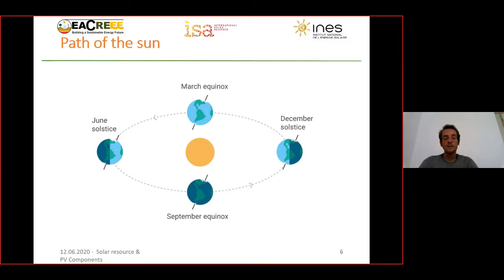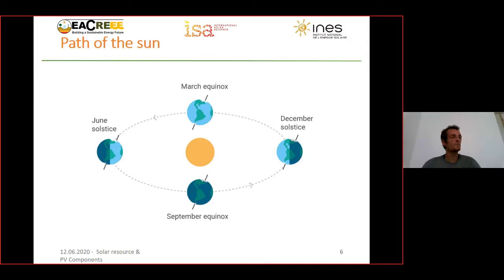You might know that seasons on Earth are due to one specific angle, which is called the declination. That is to say that the circle on which Earth is rotating around the Sun, if you take the rotation axis of the Earth, is not perfectly perpendicular, but a little less than perpendicular, about 23 degrees.